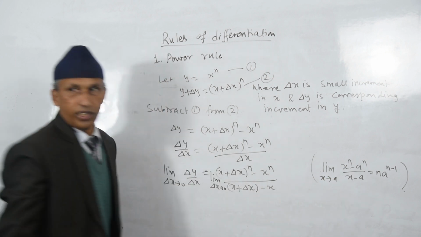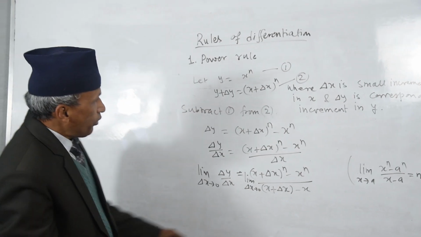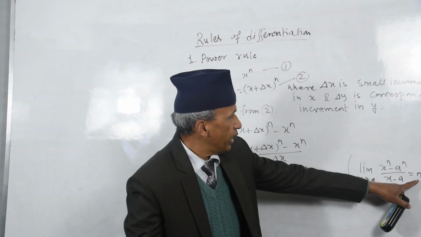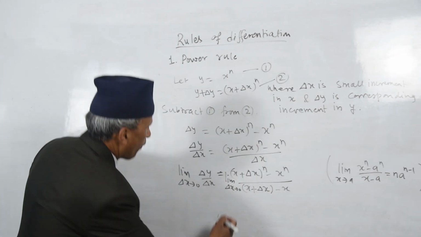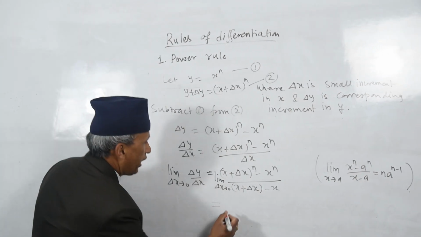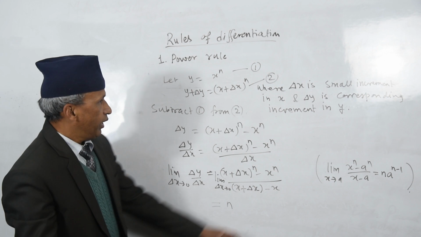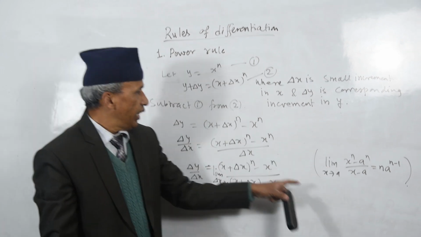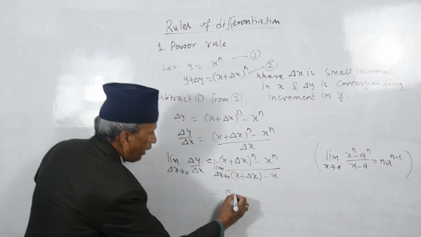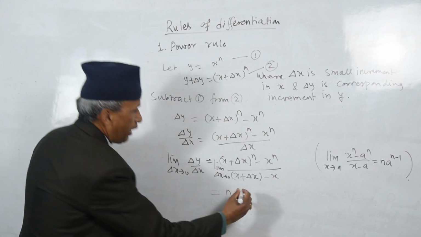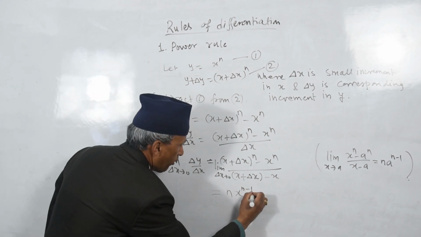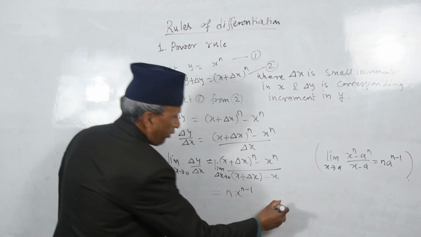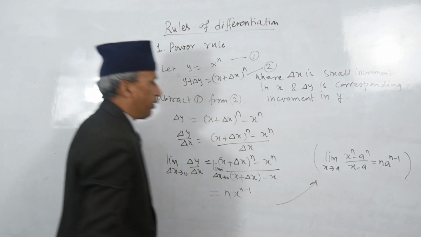Now we use this value, n a to the power n minus 1. What is the value instead of a? x. So we get n x to the power n minus 1 by using this limit.